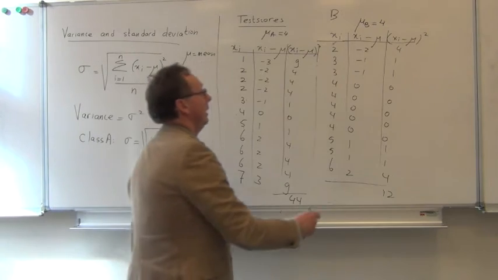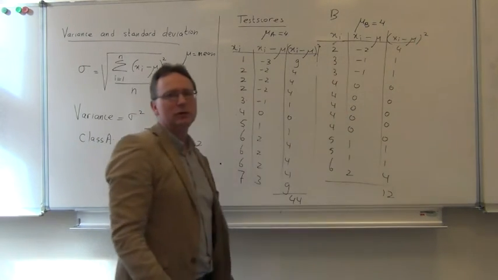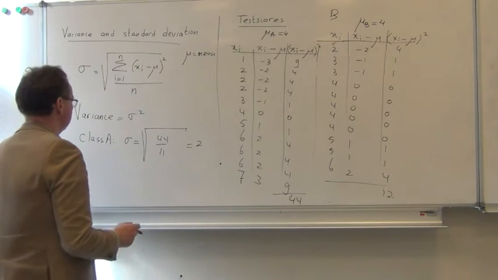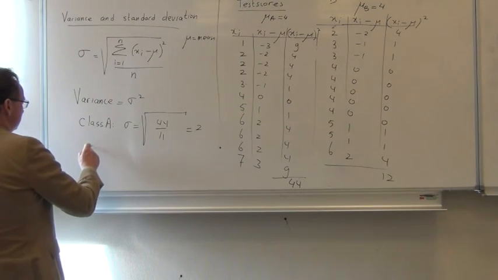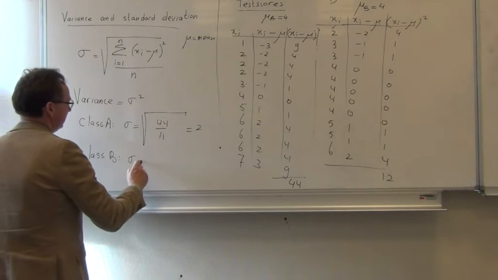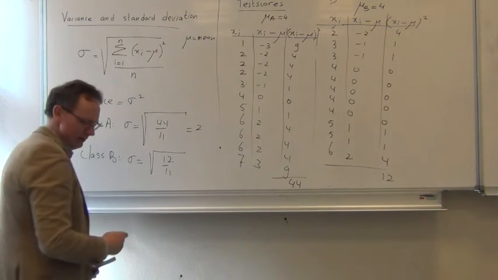So this is the deviation squared. They add up to 12, so the average of the deviation squared will be 12 over 11. So we can say for class B, the standard deviation is root 12 over 11.